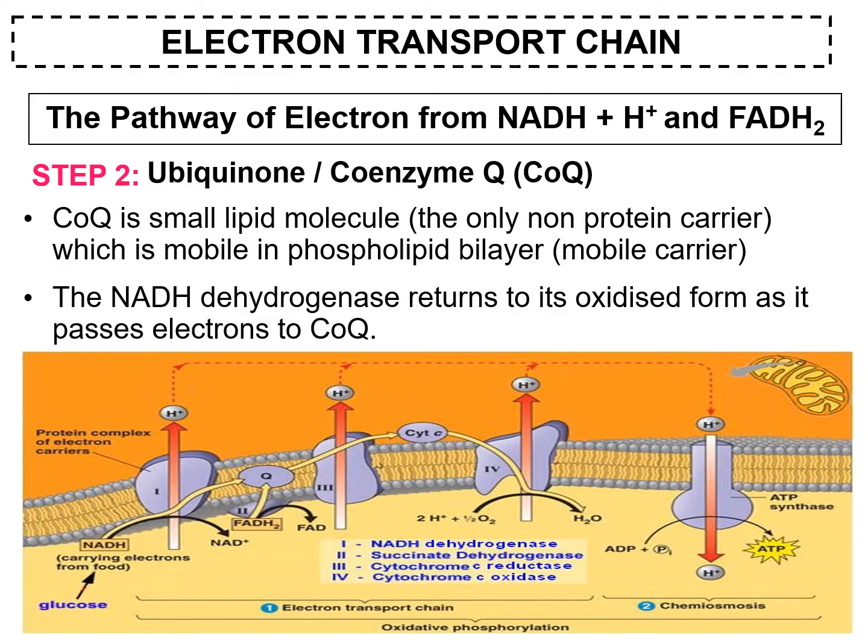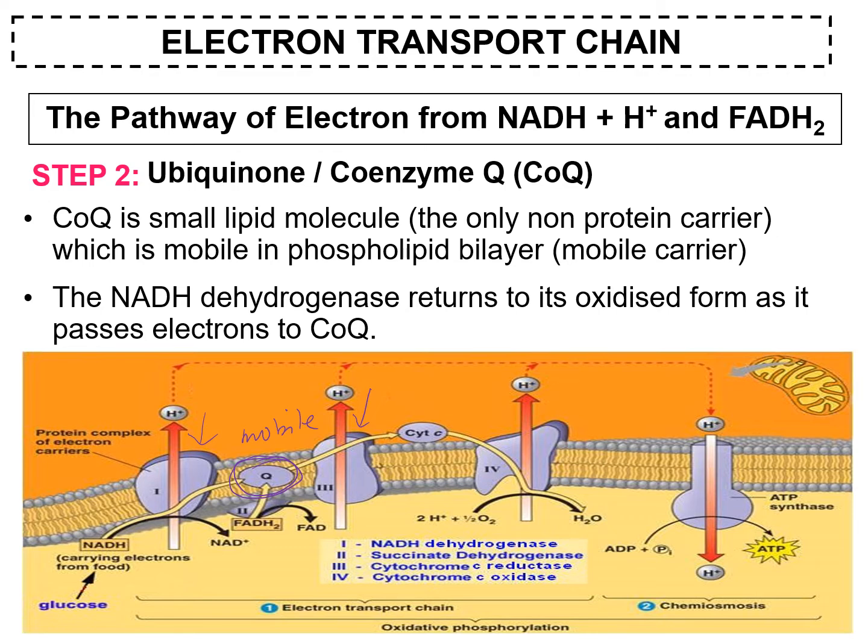Step 2 involves ubiquinone. So ubiquinone is here. It is a mobile carrier, because complex 1 and complex 2 are non-mobile. Coenzyme Q is a small lipid molecule. That's why we can see that it is embedded in the lipid bilayer, not the phospholipid bilayer, because it is a lipid molecule.